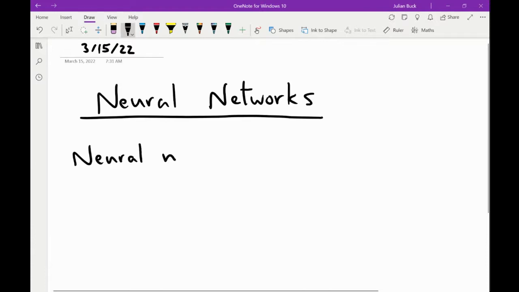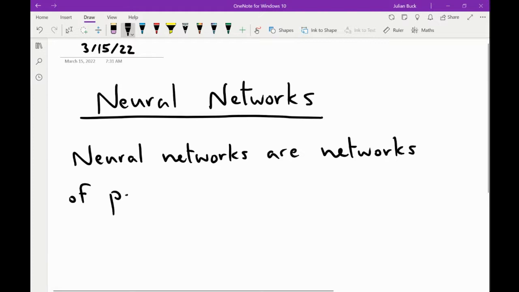So neural networks are networks of perceptrons. So artificial neurons.